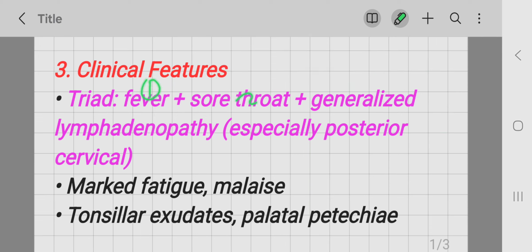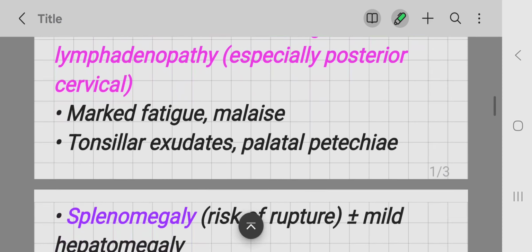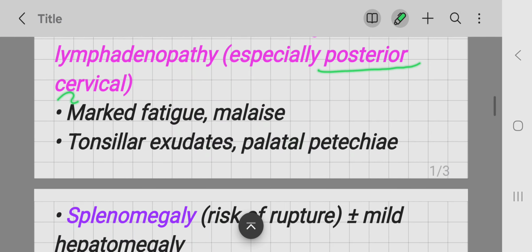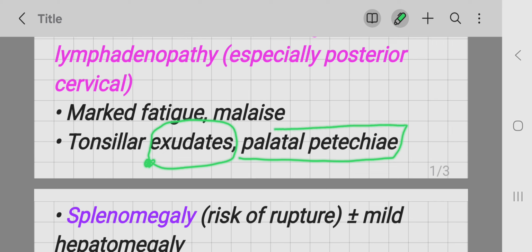So there is a triad of fever, sore throat and generalized lymphadenopathy, especially posterior cervical lymph nodes. There is marked fatigue as we've seen in other infections too, and malaise. Tonsillar exudates can be seen on examination, and palatal petechiae can be seen on examination of the oral cavity.